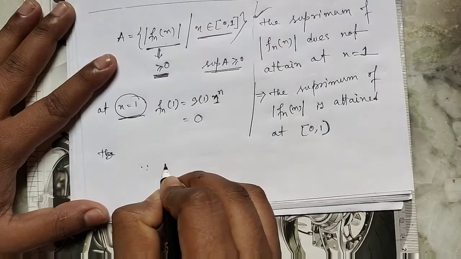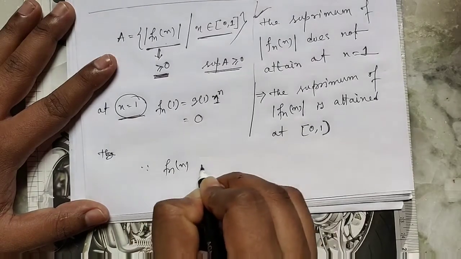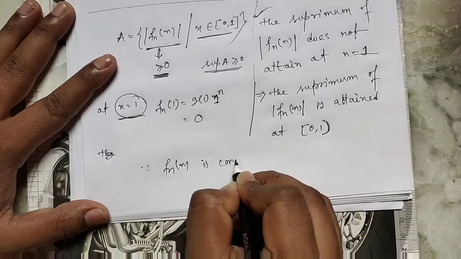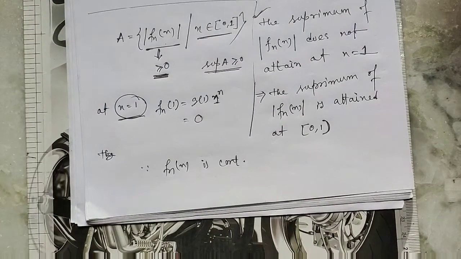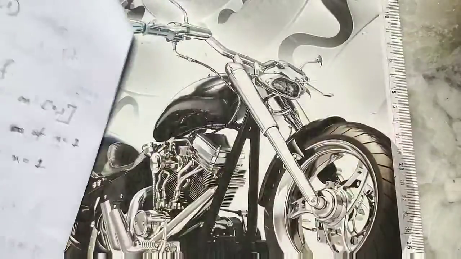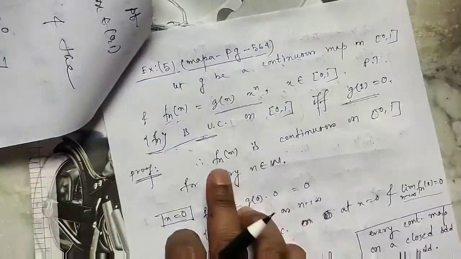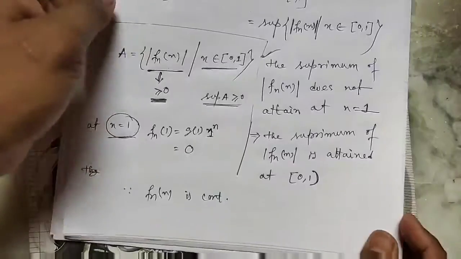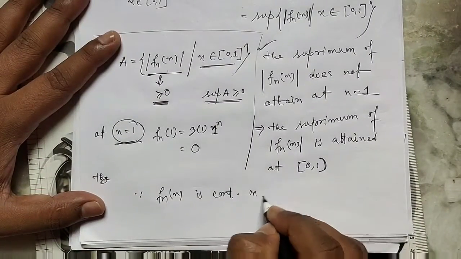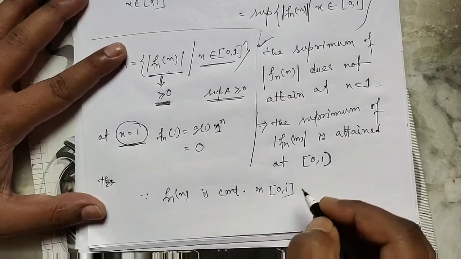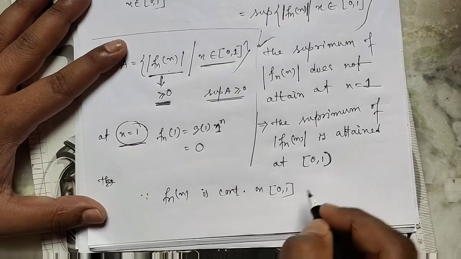Since fn x is continuous, as we saw in the first part, fn x is continuous on 0 1. Clear?